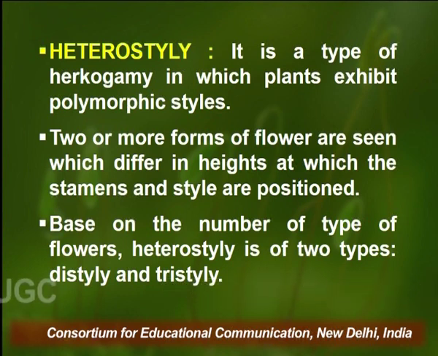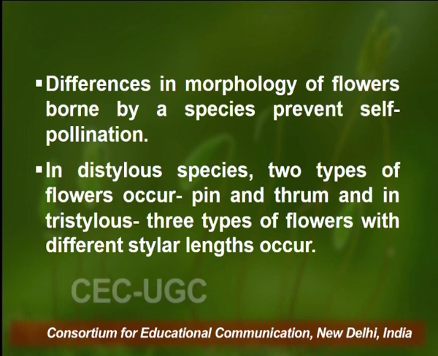Two or more forms of flower are seen, and these different forms differ in the heights at which the stamens and the style are positioned. Based on the number of types of flowers, heterostyly is of two types, distyly and tristyly.